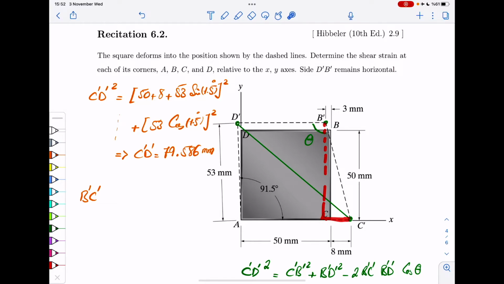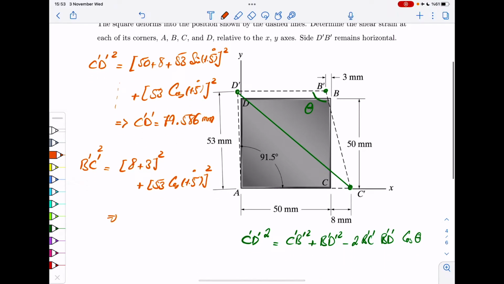Okay? So if you look into this triangle, you have 8 here, you have 3 here. So this 3 is here. That is the horizontal component. The vertical component is again 53 cosine 1.5. So B prime C prime squared is then again, let's say the horizontal part is 8 plus 3 squared, plus 53 times cosine 1.5 degree squared.